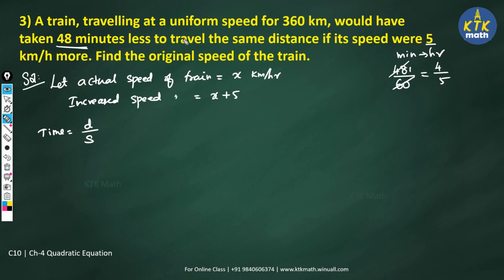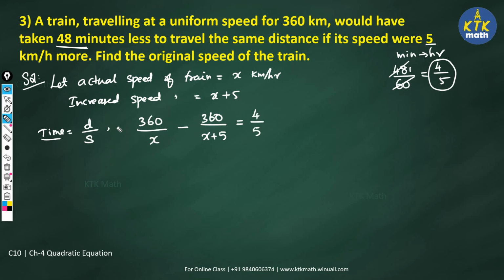Now according to the question, the time saved is 4 over 5. So I need to write everything in terms of distance over speed, which means time. First they travel 360 kilometers at speed x, and then the same distance at an increased speed, so the time reduces by 4 over 5.